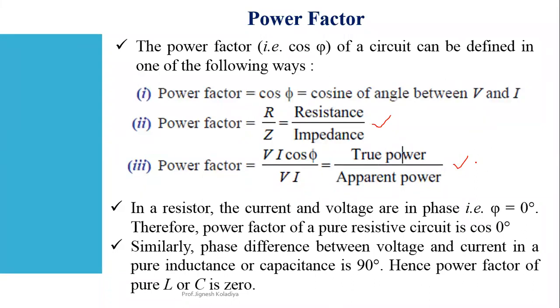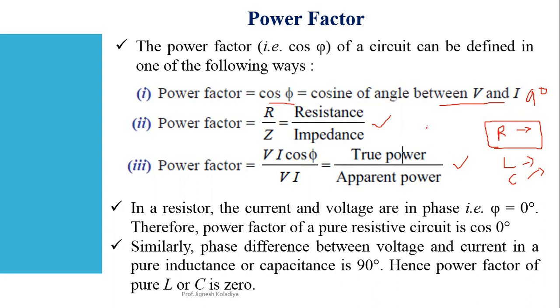Also, I told you that if only resistance is there in the circuit, there is no phase shift between voltage and current. So this angle is 0 and cos 0 is 1. So in the pure resistive case, the power factor is 1. In case of pure inductor and pure capacitance individually, the angle is 90 degrees. So cos 90 is equal to 0, which means in pure inductive and pure capacitive circuits, the power factor is 0.